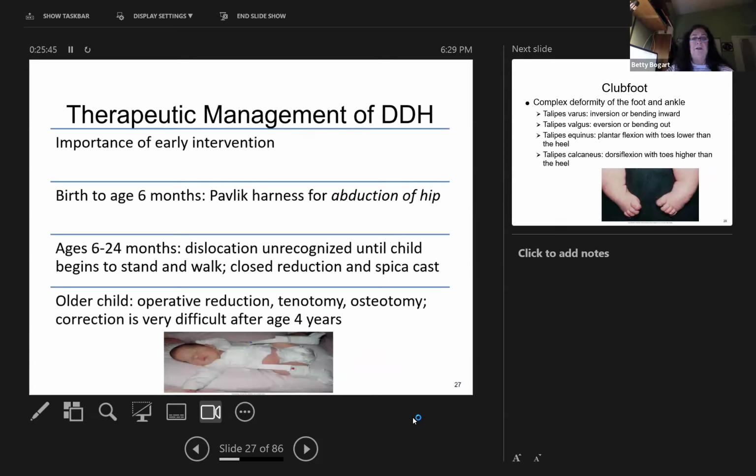So treatment. Remember, this is congenital. Newborns are born with their hips not in place. Remember, they heal in 3 weeks, so early intervention is what we need. What we do, in that picture down there, is take a baby, put on a cotton t-shirt, and put the Pavlik harness over it so that we prevent some of the rubbing, and that must be in abduction.